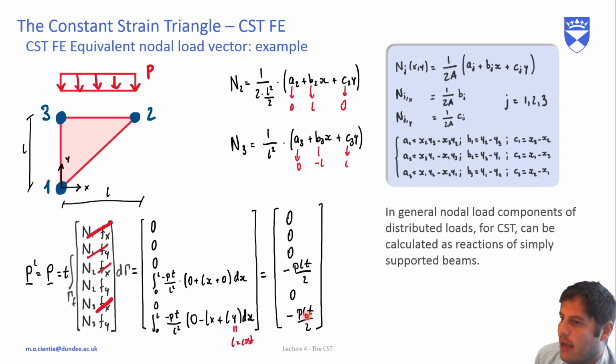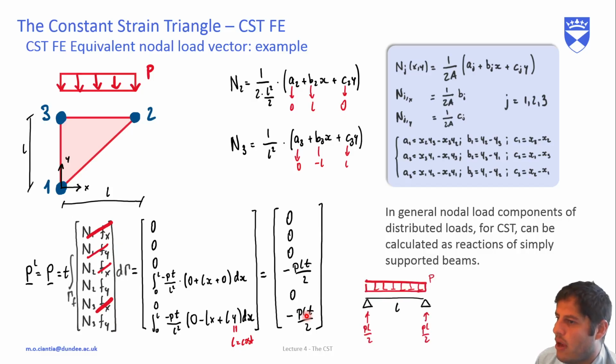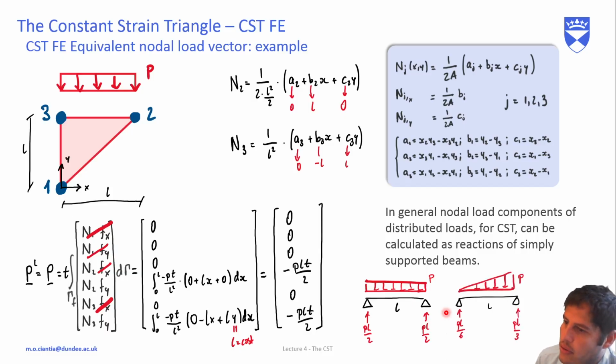Basically, in general, the nodal load components of distributed loads, when we use a constant strain triangle, can be calculated as the reactions of a simply supported beam. So when you have a beam under a distributed load P of length L, we know that the reactions are PL over 2 on both sides, okay? What if we had a triangular load?